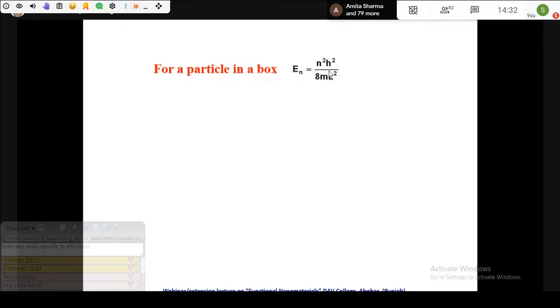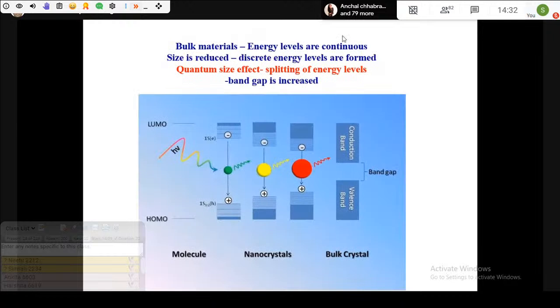So when size is less, this energy is more. At this level, the change in the size will give us a change in the band gap energy.